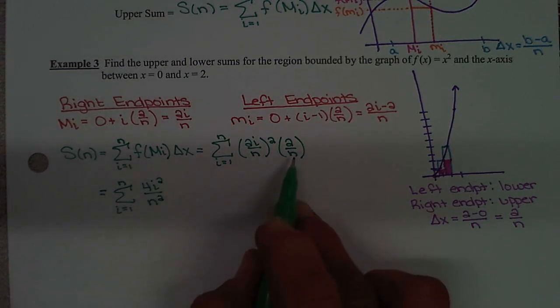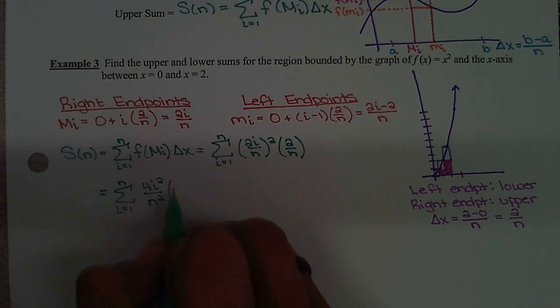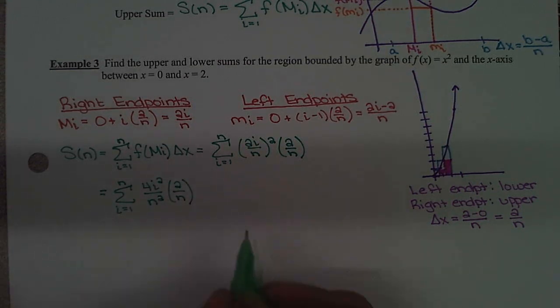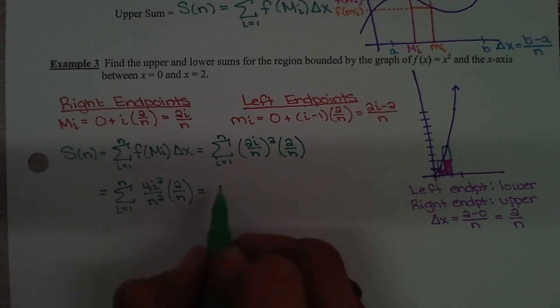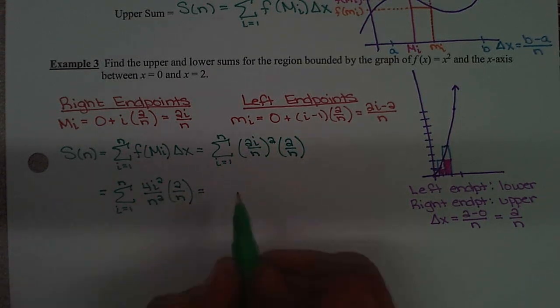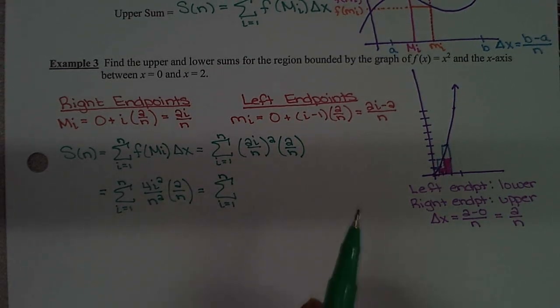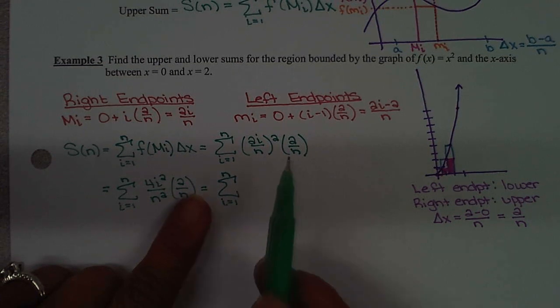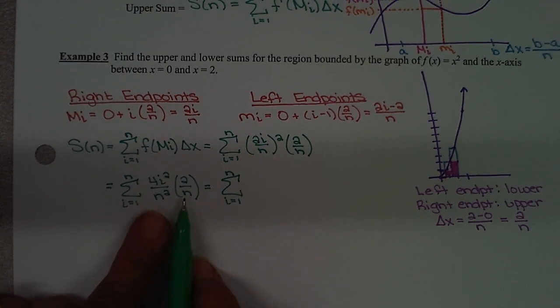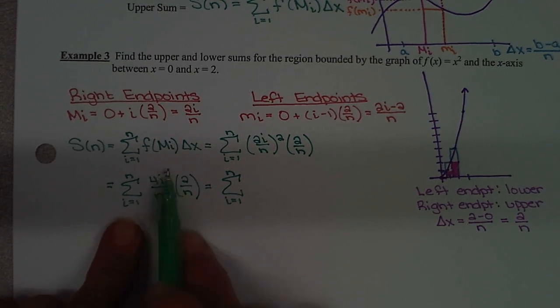And then I still have this times 2 over n, which I can then take and multiply these two pieces together to turn it into the summation from i equals 1 to n. And I'm also in the process of multiplying these two things together. I'm going to separate and pull away the i squared, because at this point, everything else would be a constant.